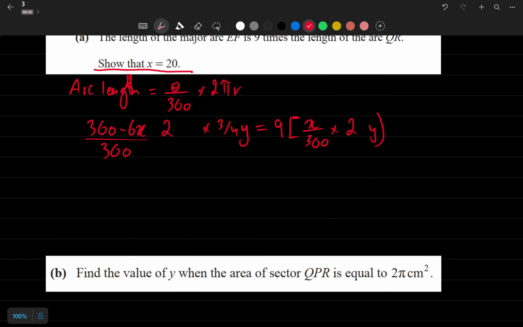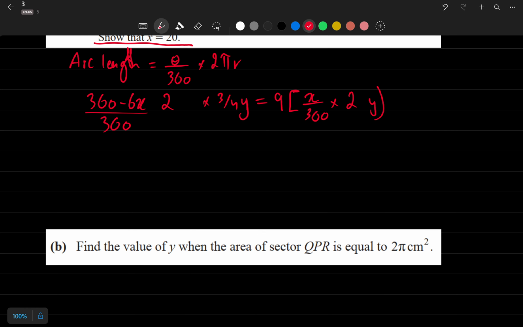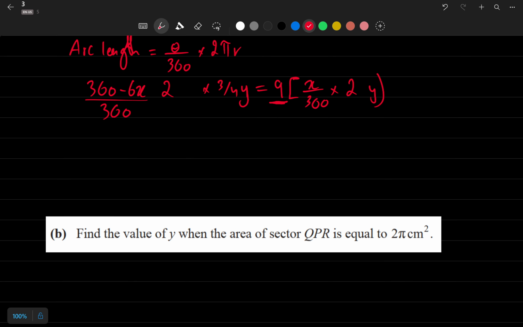Now what remains is 2 times, and now you have to solve this 9, open it, so this will give you this 2, let's cancel out this 2 with this 4, so it is 3 by 2. We took common, the remaining is 360 minus 6x over 360, and the remaining part is y.